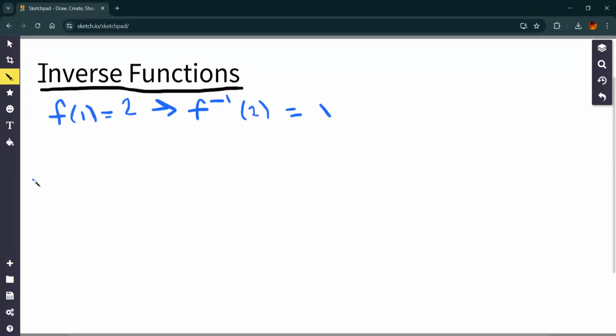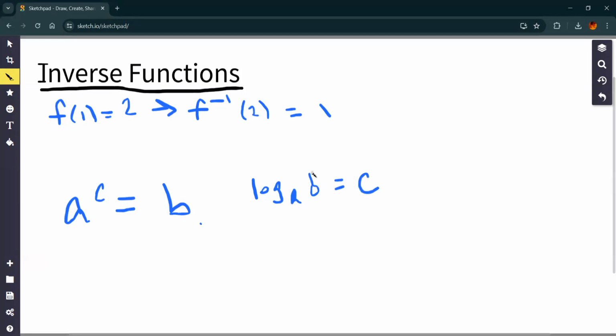In the last video, we talked about exponential functions, and the inverse function of that is the logarithm function. And if you remember, the easy way to change between these is to use this format.